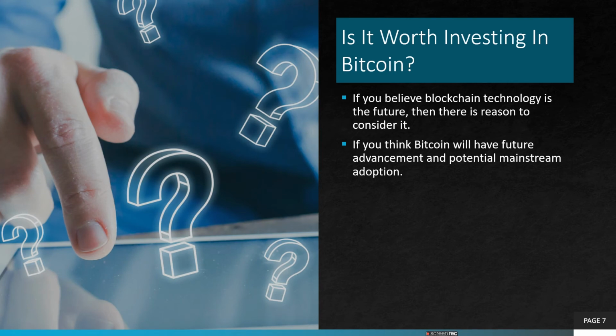Is it worth investing in Bitcoin? If you believe blockchain technology is the future, then there is reason to consider it. If you think Bitcoin will have future advancement and potential mainstream adoption. Now, the blockchain technology is advancing in many areas. One of the more popular areas where it is gaining traction is in the political arena for voting.